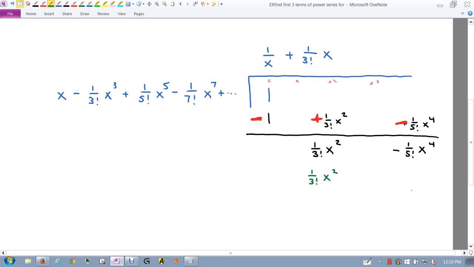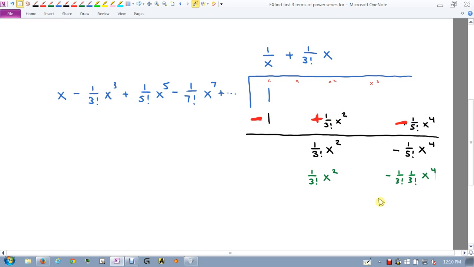So negative 1 over 3 factorial times 1 over 3 factorial x to the 4th. I don't think I'm going to go any further. I think that's good enough, I mean, further on this multiplication.